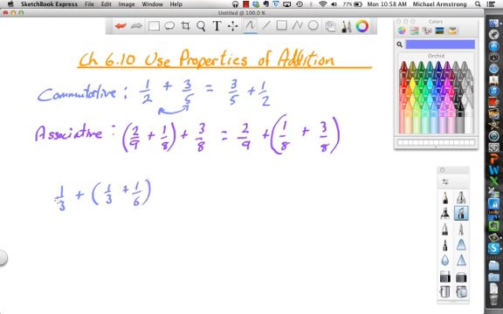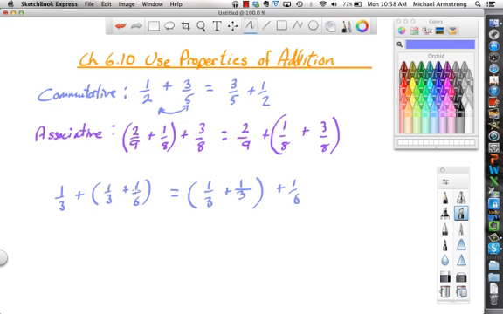So this is like the first day and then the second day, and they're adding it together. But they've noticed that it might be easier if you really wanted to add 1/3 and 1/3 together first before you added the 1/6. And that just makes sense.